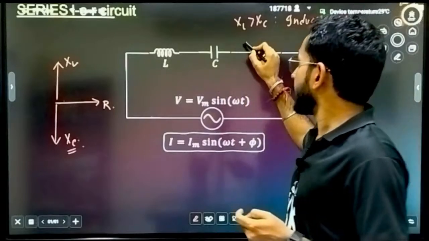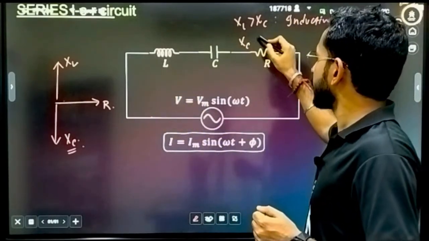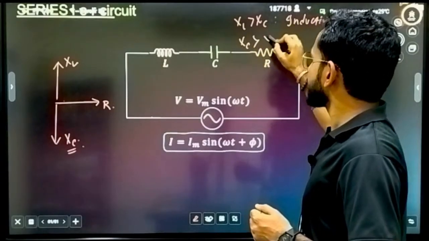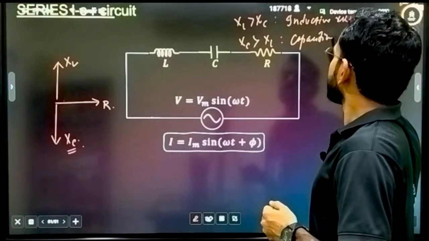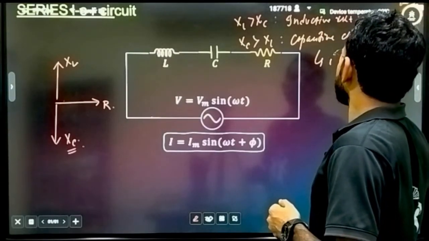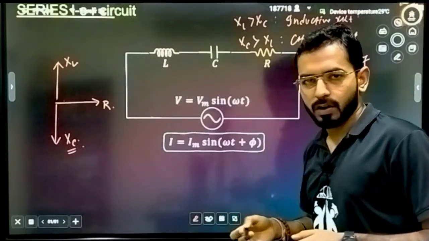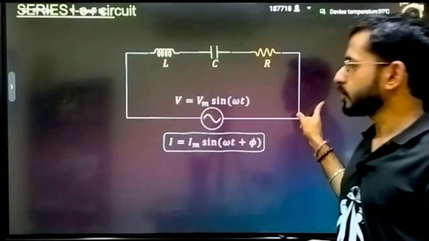Potential will be leading. But in the case of XC, it will depend on the values given. If XC is greater than XL, then it is called a capacitive circuit, and the current is leading in that circuit by some angle of plus phi. So these are the two possibilities that you will have.